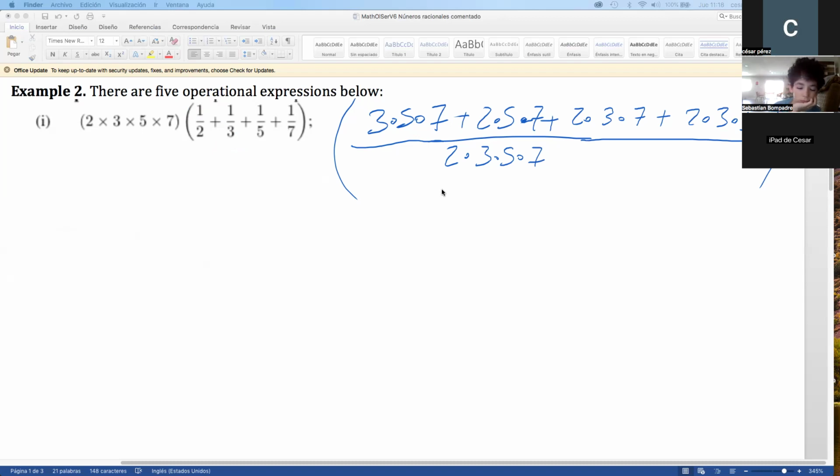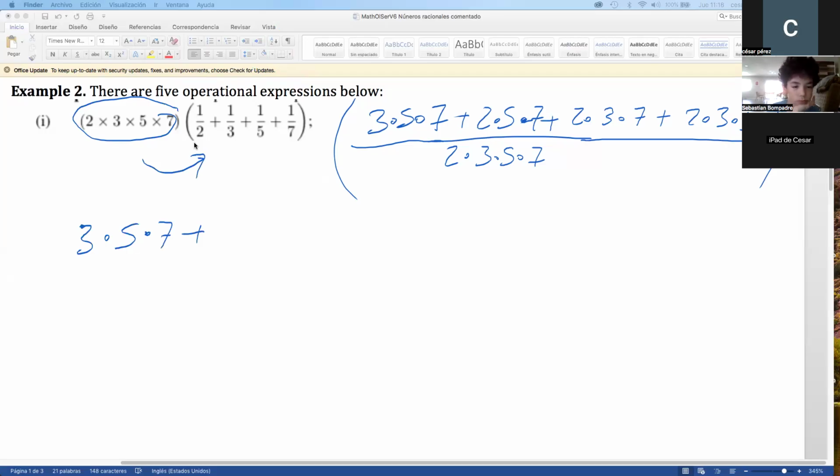Okay. We can multiply this by every one of these numbers. We can multiply this by every fraction. We multiply this by this, we will get 3 times 5 times 7. We have multiplied this.